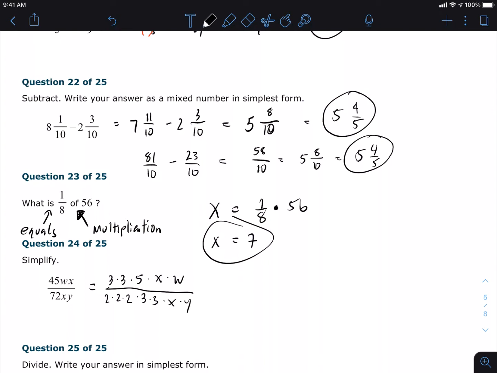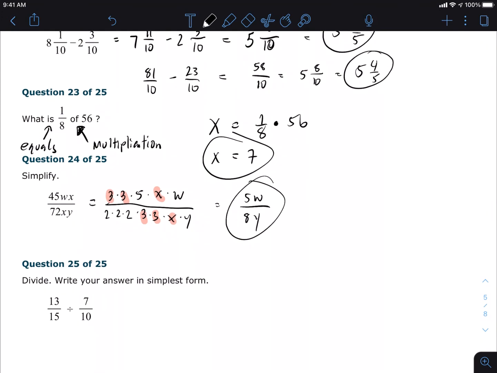No? I did it in some of the examples I did in previous lectures, right? Okay, so then from here, it looks like 3 will take 3, x should go with that, and the only thing left on top is 5w. In the denominator, I'm going to have 2 times 2 times 2 is 8 over y, and that is my solution. We're good? Okay.